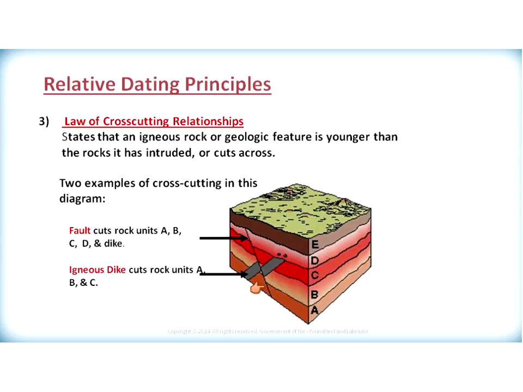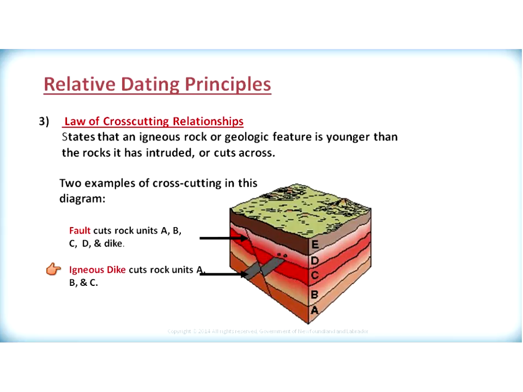This crack cuts across rock layers A, B, C, and D. Therefore, according to the law of cross-cutting, the fault itself must be younger than the corresponding layers it cuts across, that is, rock layers A, B, C, and D.